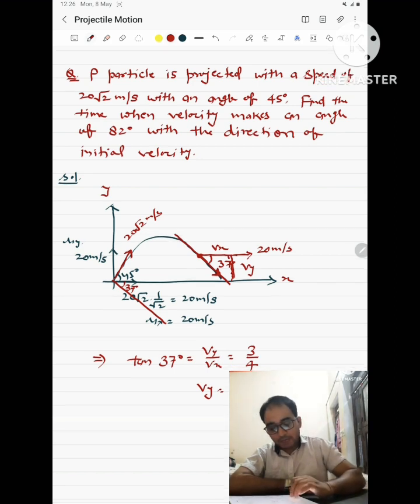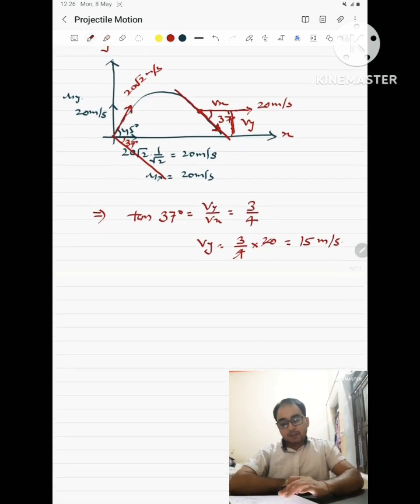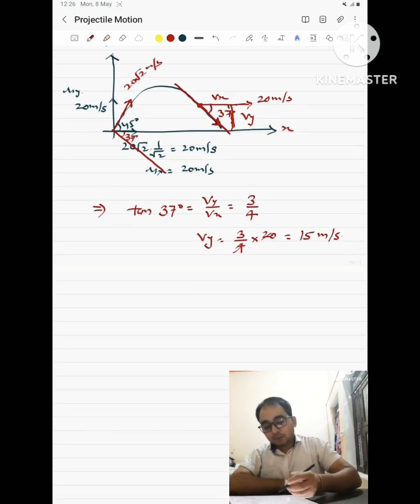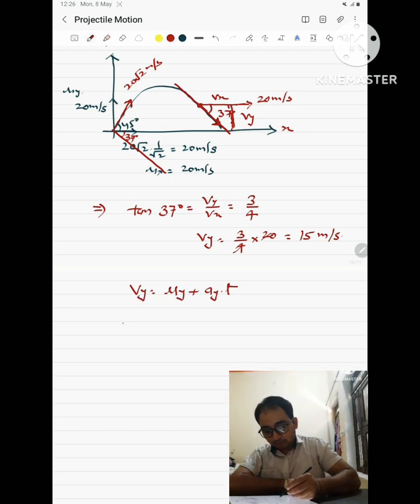This is the Vy. We need the time, at what time. So if we know Vy and we know Uy, we can calculate. Vy equals Uy plus Ay into t. Vy is minus 15 meter per second, Uy is 20 meter per second, minus 10 into t.